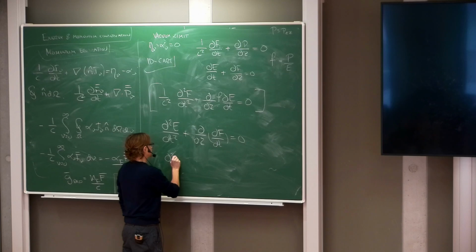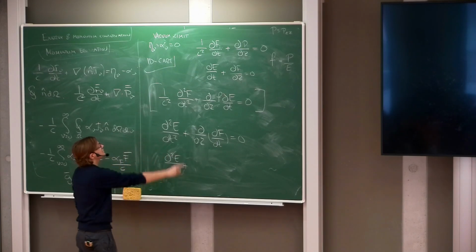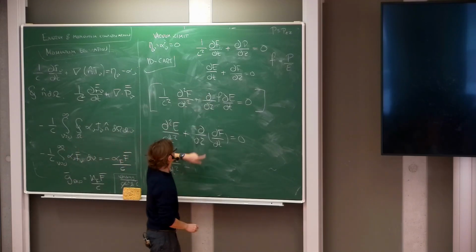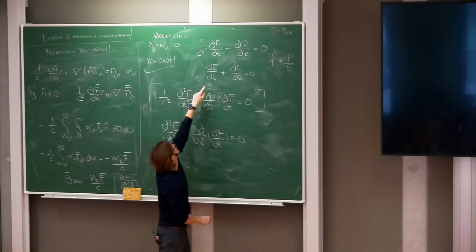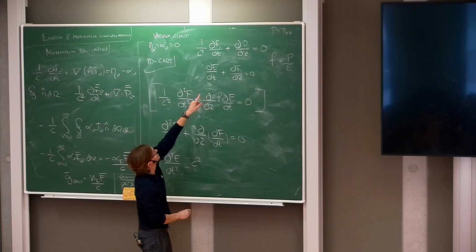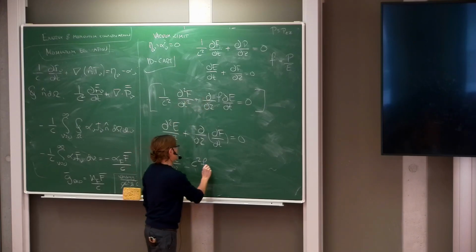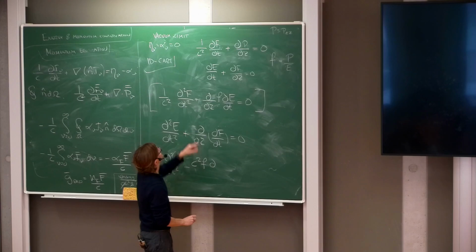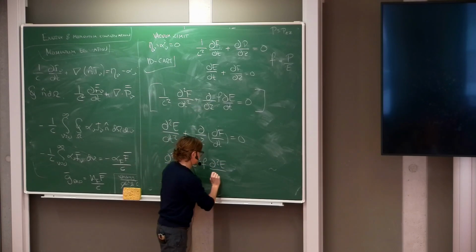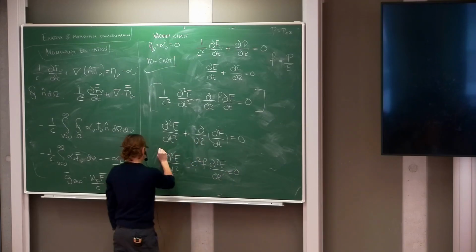So this just becomes ∂²E/∂t² plus, well, it actually becomes a minus then, because you take this, you see it up there, yeah, so that's just minus ∂P/∂x times c squared. So you have a minus sign, c squared, and instead of P, then you have f E. So you get an f there, and then you get ∂E/∂x, and then you have 1D here, so you get ∂²E/∂x² equals 0.